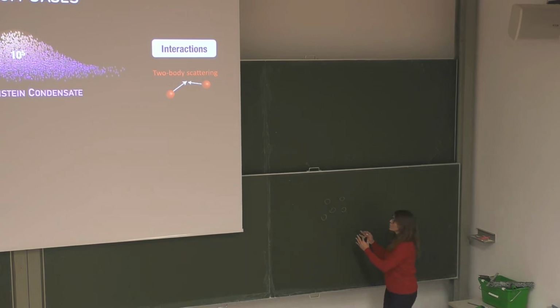And our system is not free. You need to impose something that confines the gas, and it's almost never a box. So we use laser light to create effectively a harmonic potential. The system is always three-dimensional.